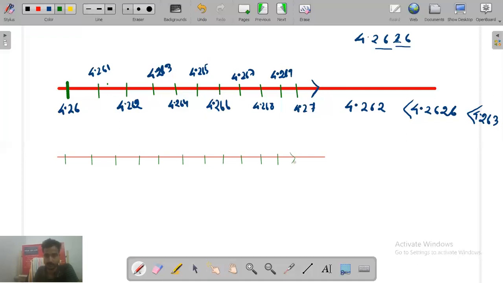This is the end here, and this is the end here. So to divide 4.262 and 4.263 into 10 equal parts.